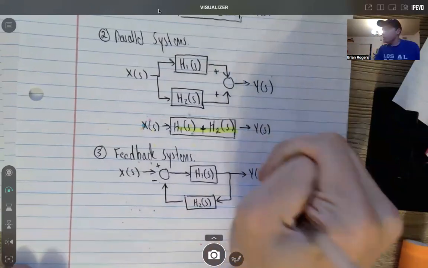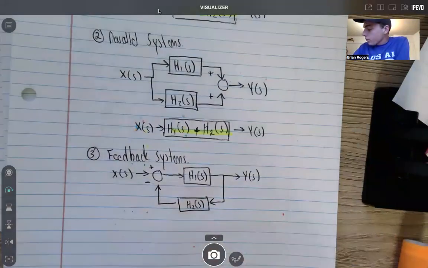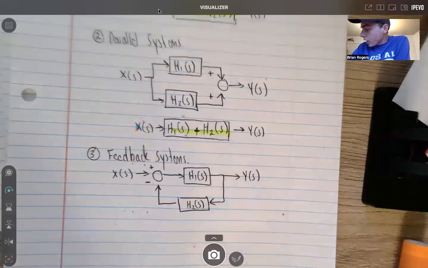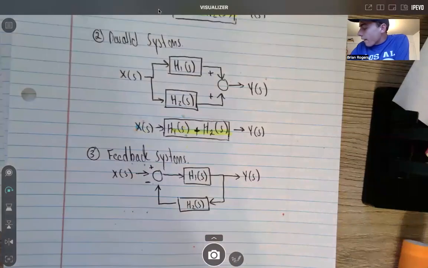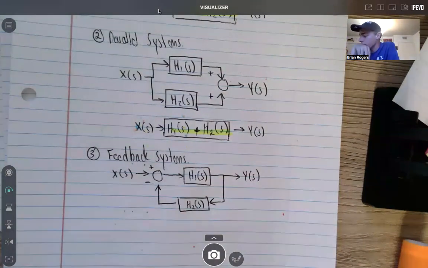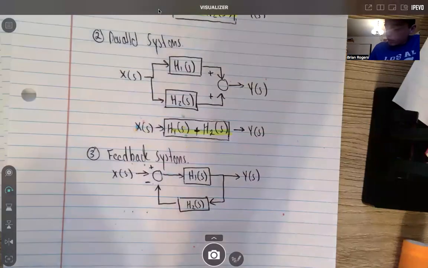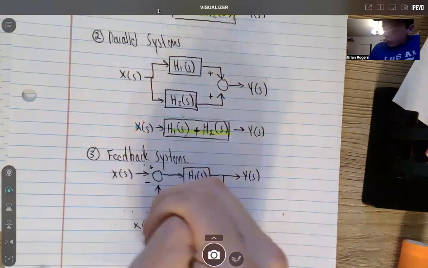And so what's going to happen here is, basically, if we're trying to do an analysis on this one, just to speed things up, you already went through the derivation, but it's going to look like this.